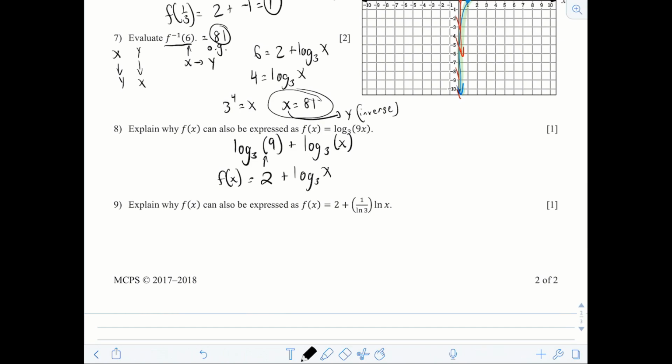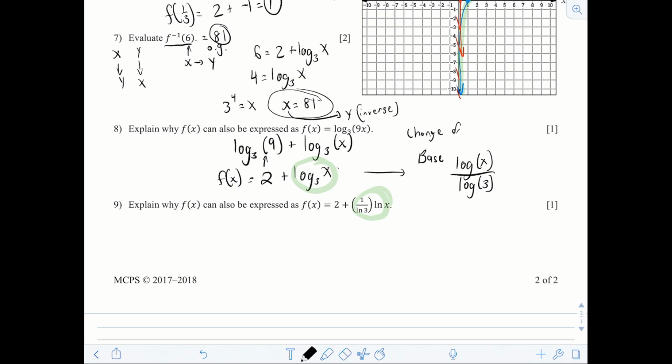Now it says explain why f of x can be expressed this other way. Like we've been saying, there can be multiple ways of expressing these types of problems. So the only difference here is this part to this part. Now this seems really confusing, but way back in the day, we did this change of base formula. So what I could do here is write this as log of x over log of 3.